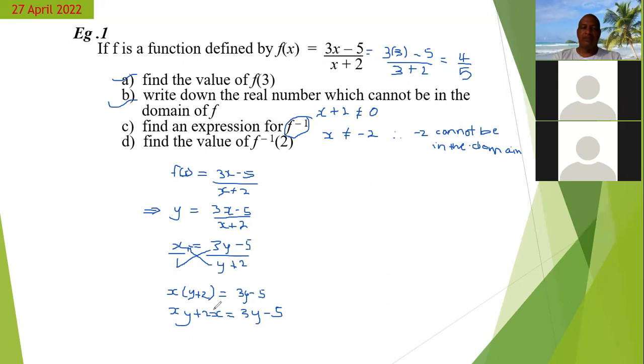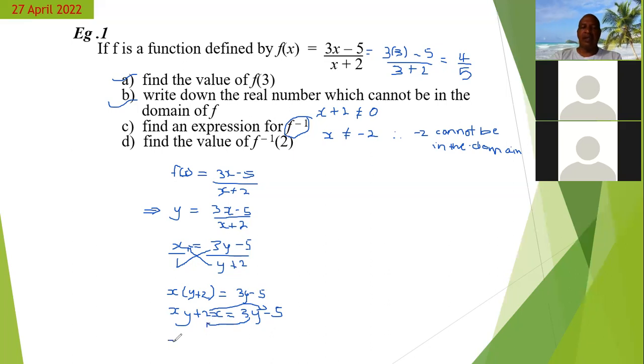So it means that this 2x, if we are to group the y, I would say try to group the y on the side where you can make them positive. Or if you, it doesn't really matter, but you have to be very flexible when you're doing this. All right, let's say that we want to bring over this 2x to the right-hand side, and then bring over this 3y to the left-hand side.